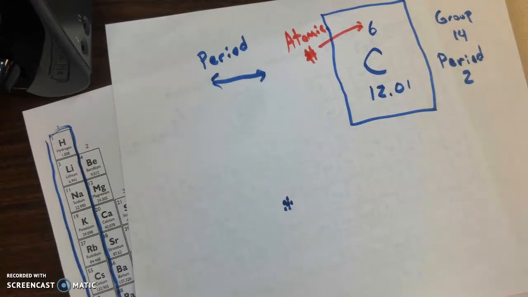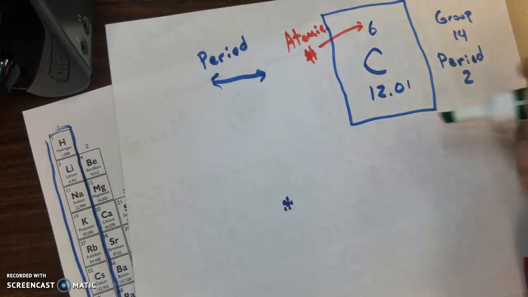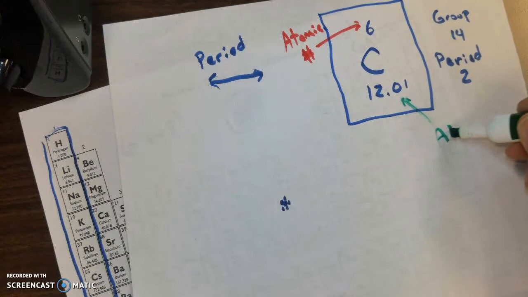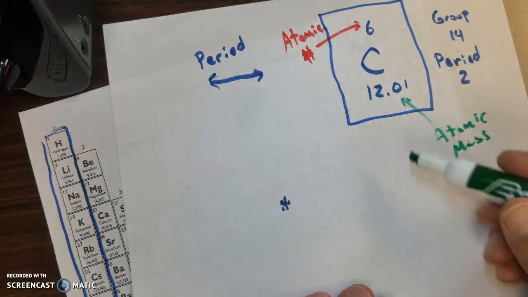Then I can use this number down here, called the atomic mass, and I can determine the number of neutrons.